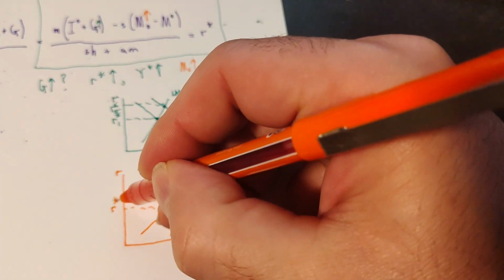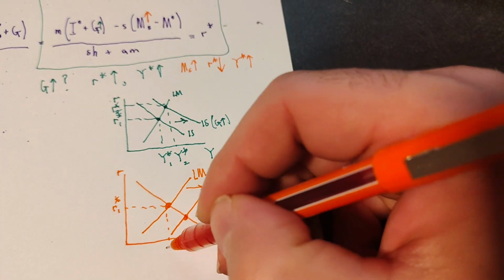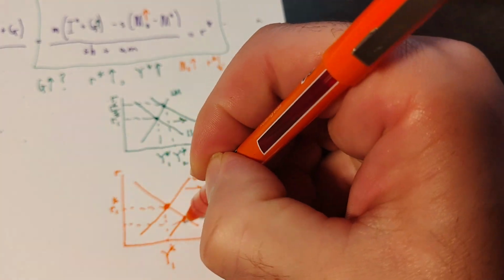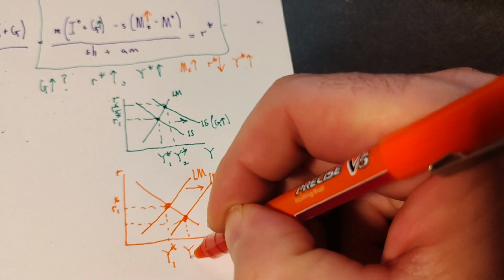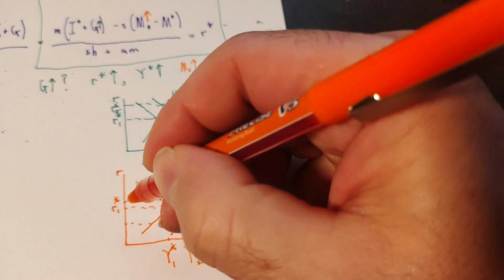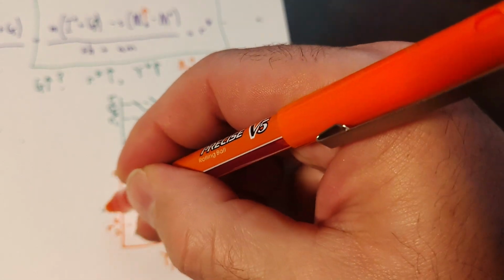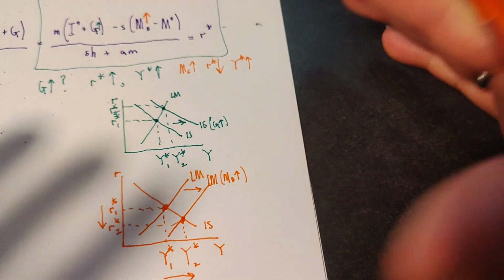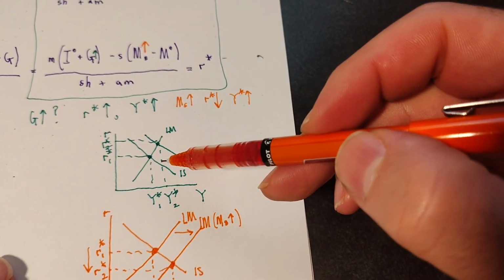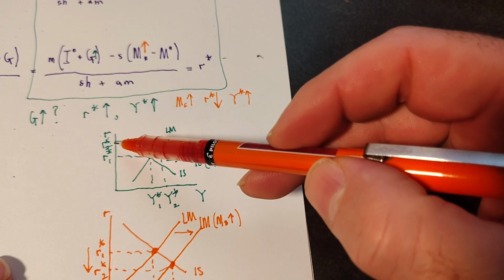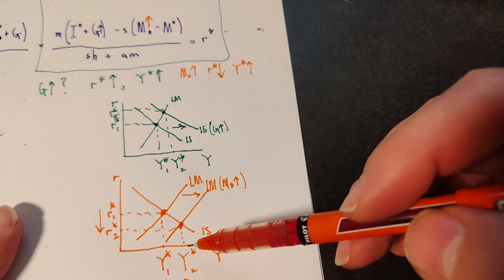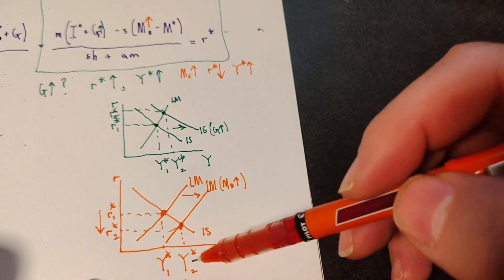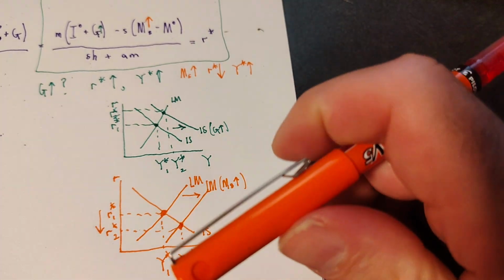This would be the first equilibrium allocation, and this now is the second equilibrium allocation after the increase in the money supply. Interest rates go down, output goes up. It's a basic monetary stimulus. So government stimulus results in a higher interest rate, while monetary stimulus usually results in lower interest rates and a higher level of output.